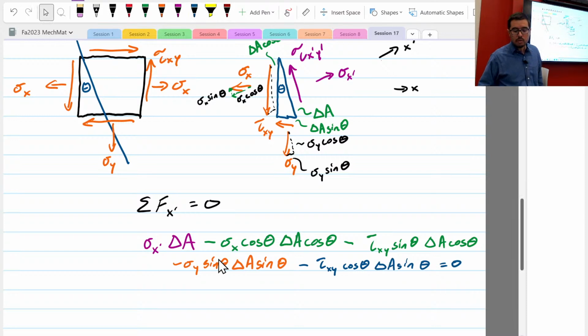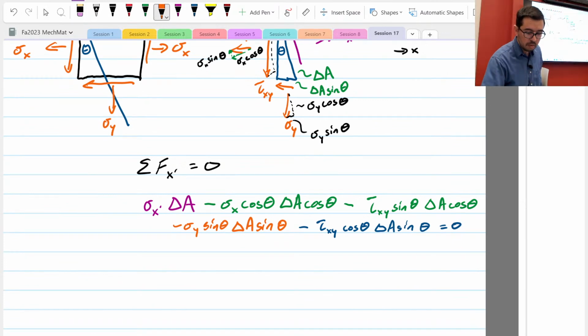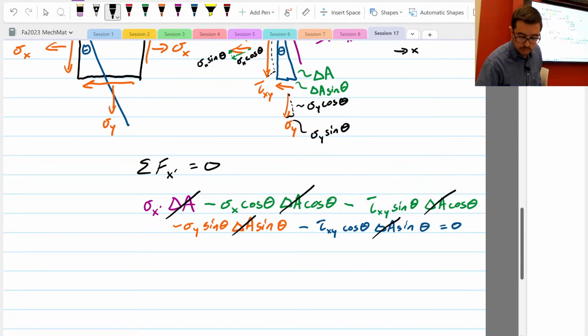So when you do these out, what you get is a bunch of terms times delta A. Delta A then goes bye-bye, so we can cross out all these delta A's.